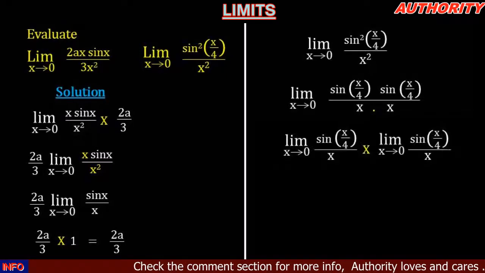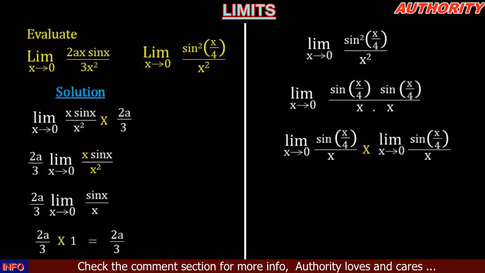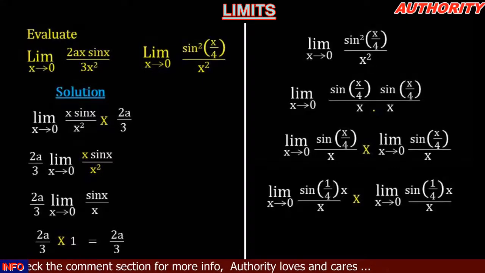All right, good. Now let's split this into 2 entirely. That means we're going to have limit as x approaches 0, sine (x over 4) all over x, times limit as x approaches 0, sine (x over 4) all over x. Look at it very well. Here we have sine (x over 4). Let's factor out x in this. So I factor out x, and you are going to have 1 over 4 in bracket x.